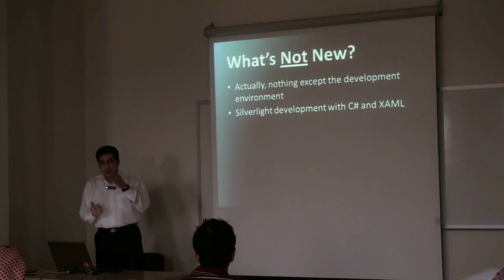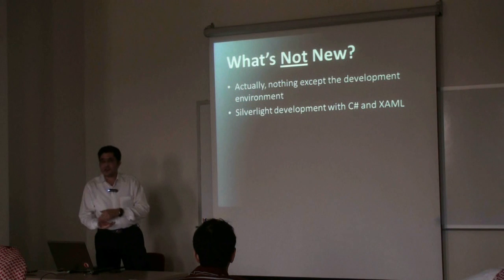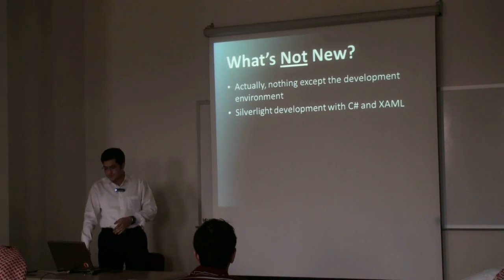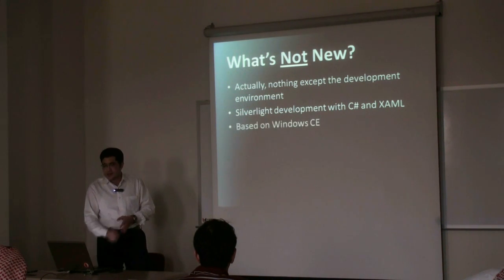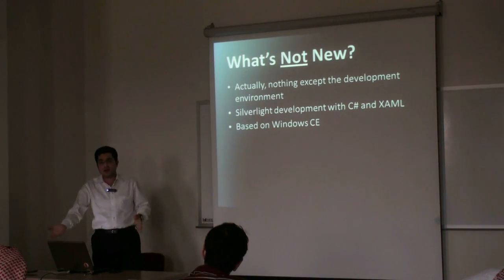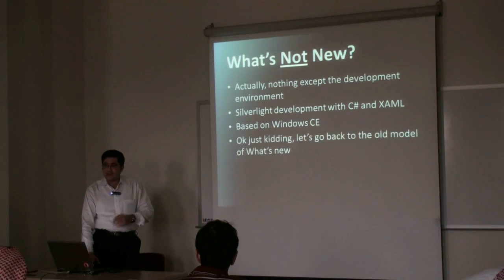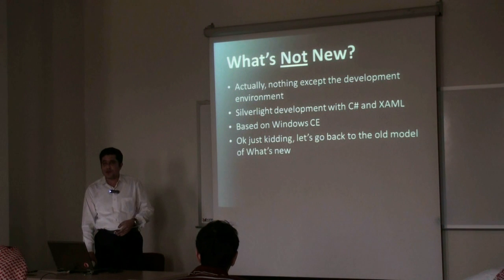Now, it is based on Silverlight, but you will be using the same C#, and because it's Silverlight, we'll be using C# and XAML. And it is based on CE. These are the same things that we had on Windows Phones previously and on the Windows Phone 7 series. Okay, I'm just kidding. Let's go back to the what's new model.